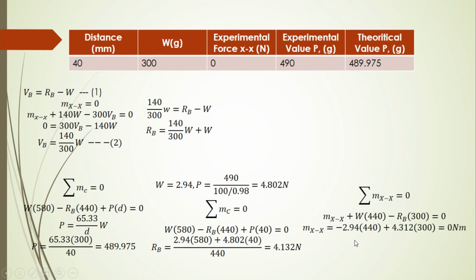In this calculation, it's very important that we prove our theoretical result, which means moment at XX plus W times 440 minus RB times 300 equals 0. And we get 0 Newton meter, which means the experiment goal has succeeded.